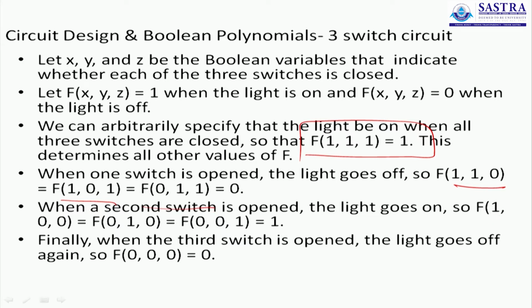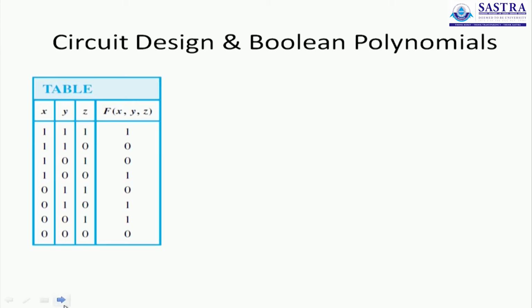Similarly, 1, 0, 0 is 1, 0, 1, 0 is 1, 0, 0, 1 is 1. That brings us to this truth table. All of them are 1s, all of them are not 1s in 3 different positions.